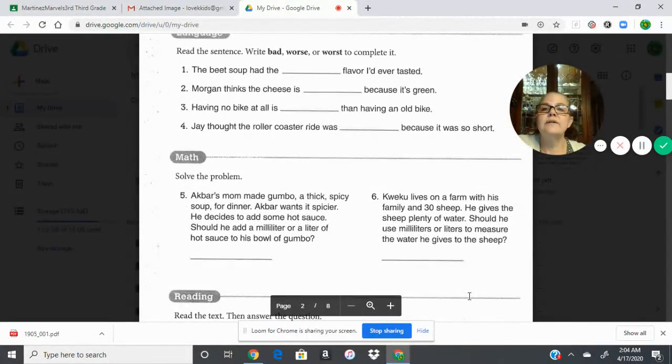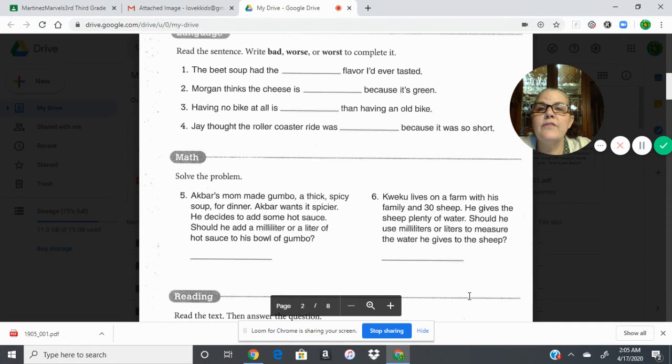All right, let's go ahead and do this one. You have your book, or you have a copy of this on the paper. We're going to do our comparative and superlative words: bad, worse, and worst. Reading through the sentences, number 1, the beet soup had the bad, worse, or worst flavor I'd ever tasted.